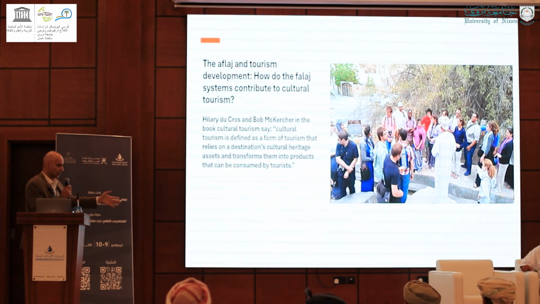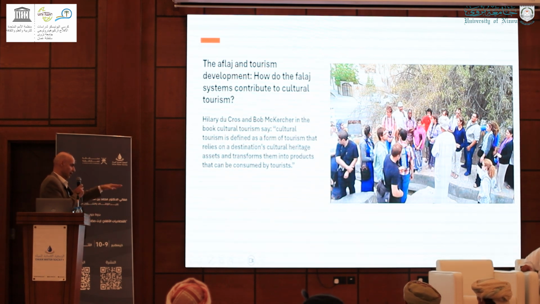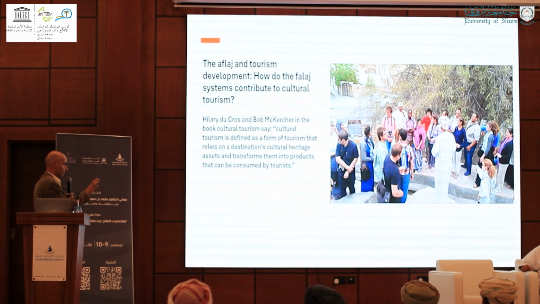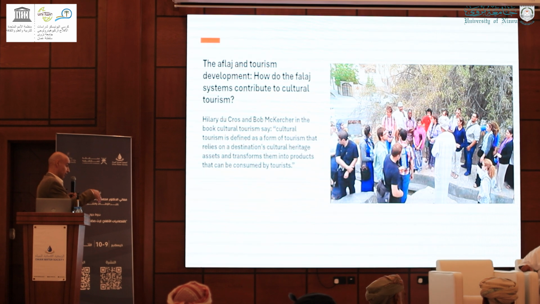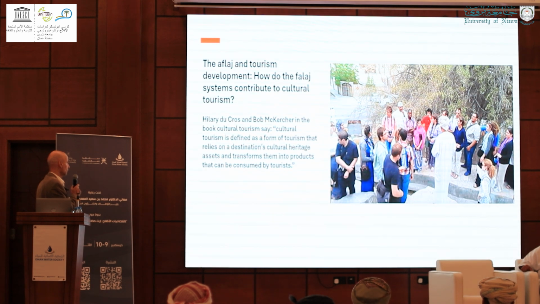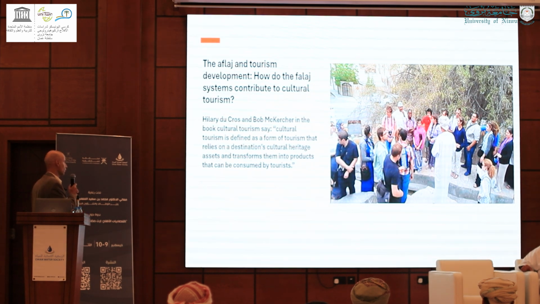Whatever you see in the landscape has something to do with the Falaj system, its water management systems, and so on. That is why when we take tourists to the urban areas of Omani villages, you are talking about the Falaj systems in some ways. So we can use this cultural landscape for the development of tourism, as you see in this definition, by transforming those cultural elements into products.